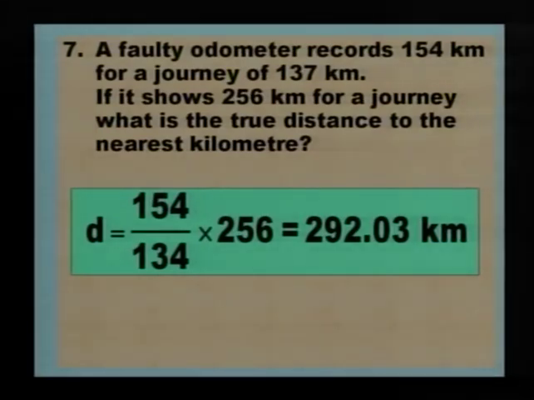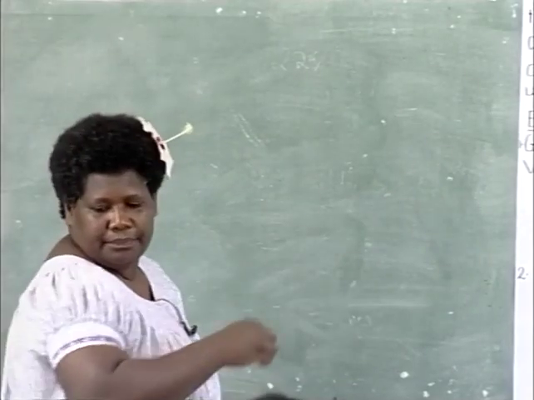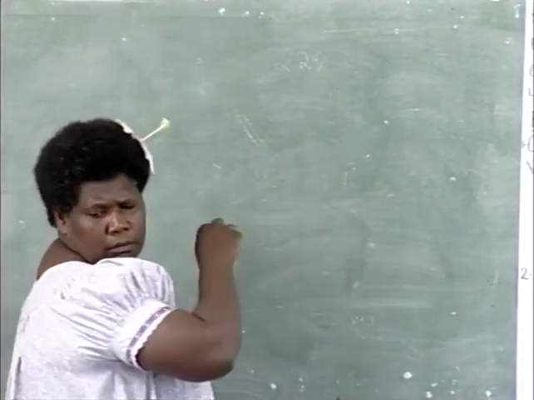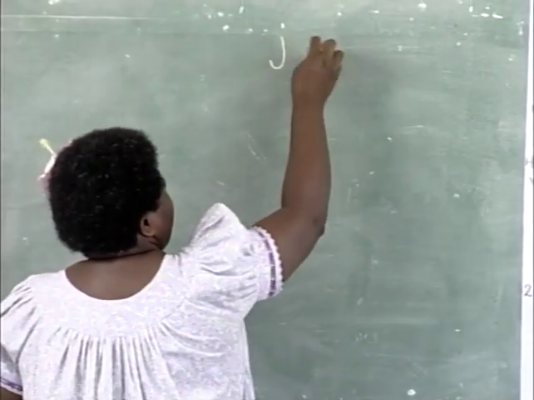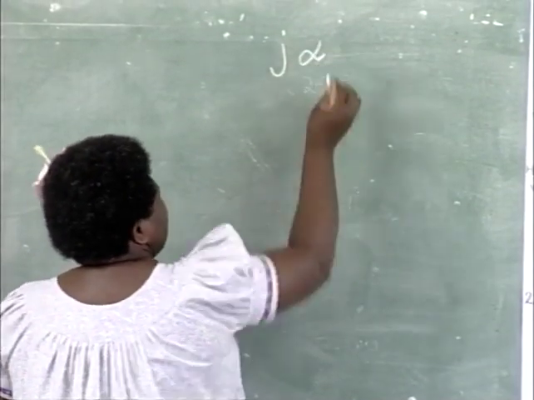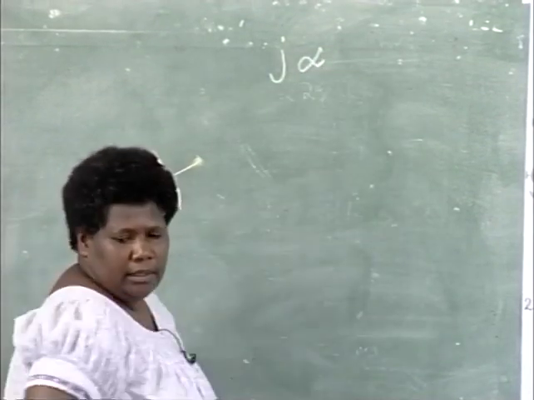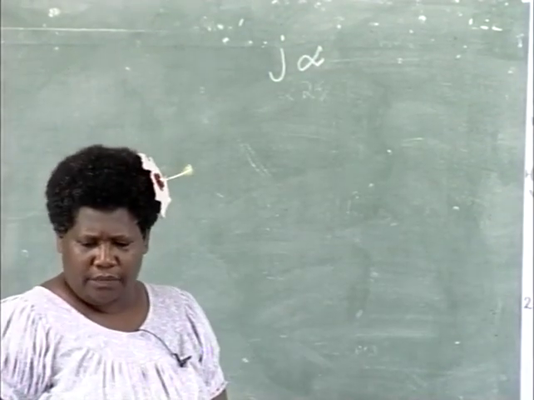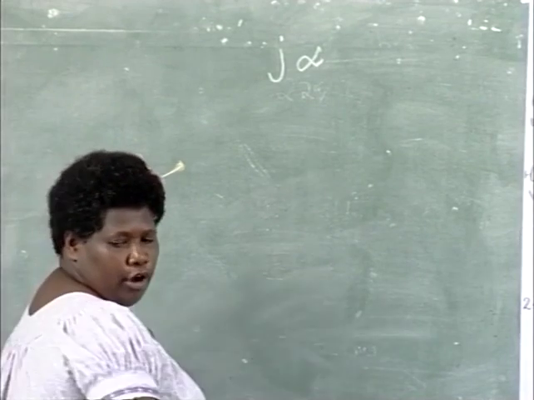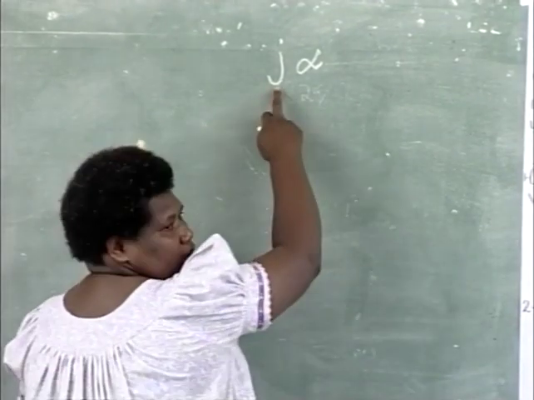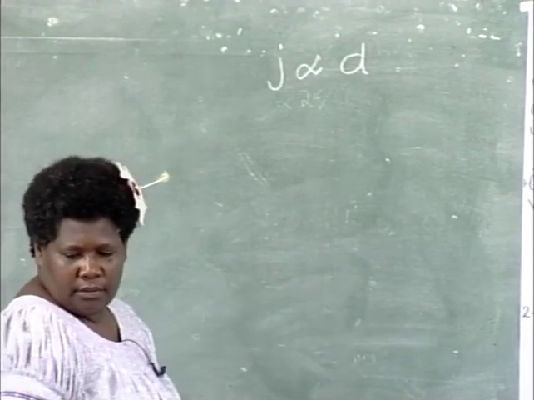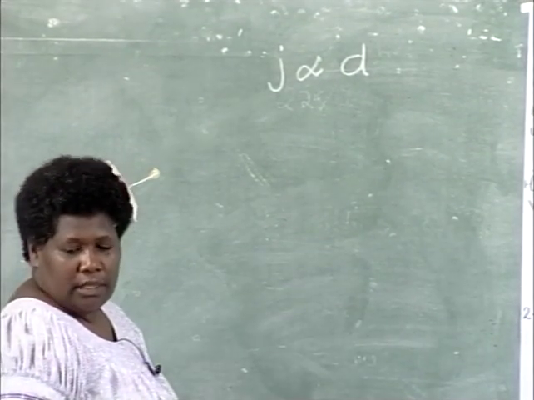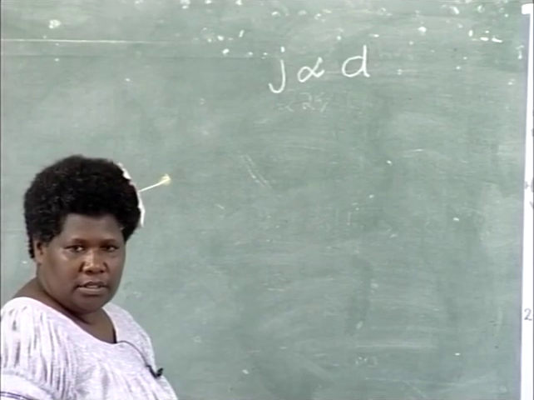Okay, we are given the distance of a journey, I'll call it J, varies. A faulty odometer records 154 kilometers for a journey of 137. This is the journey, J, and this would be the distance D that the odometer records.